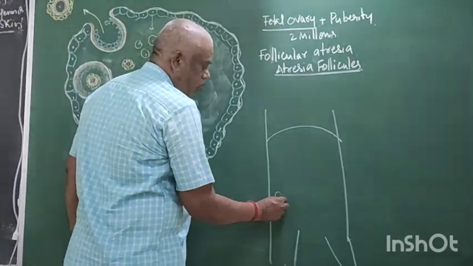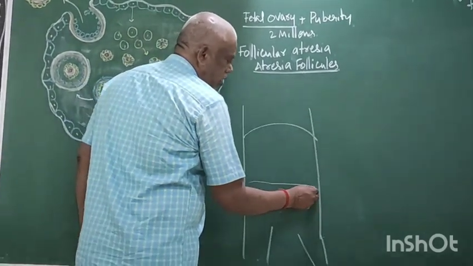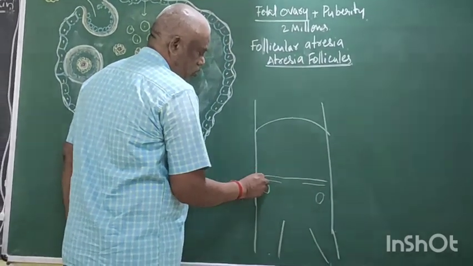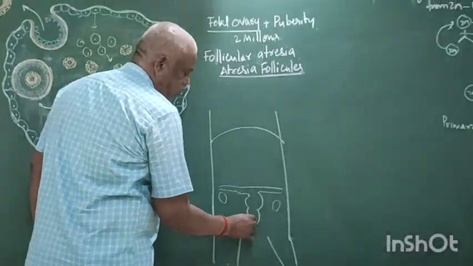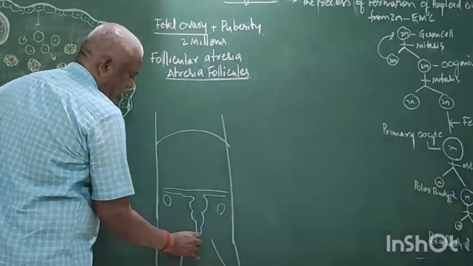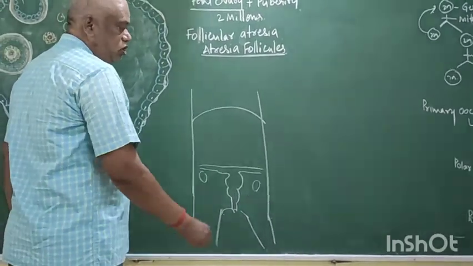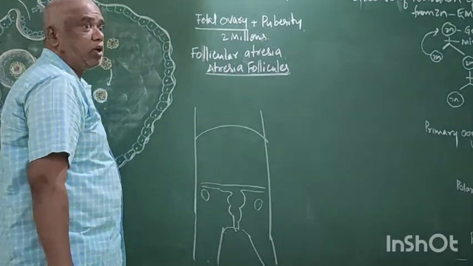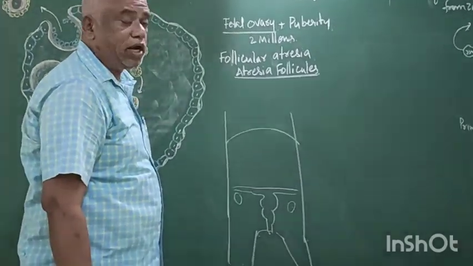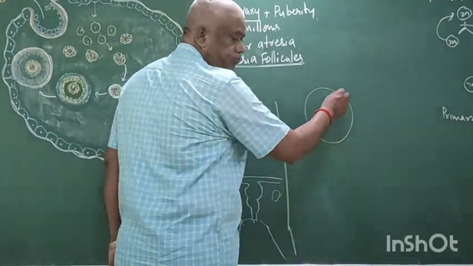This is the ovary, and this is another ovary, a pair of ovaries. Now these are the fallopian tubes. Now this is the uterus, cervix, vagina. This is the total female reproductive system. In this system, the primary reproductive organ, the gonad, is the ovary.